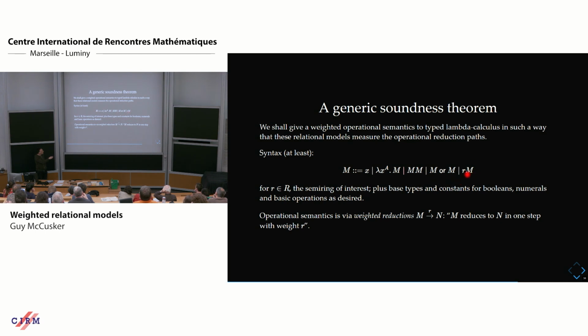So it's just multiplication by a scalar. You type this out and you think to yourself, I don't like calling these scalars little r. That seems really stupid. What do people usually use for scalars? And the answer is this thing, which is very annoying. But anyway, never mind. So you can make this thing, and we're going to make a weighted reduction relation that says this term reduces to this other term with this weight in one step.